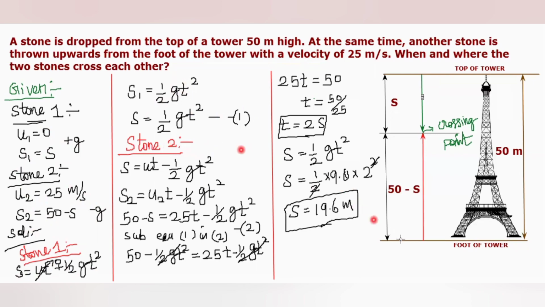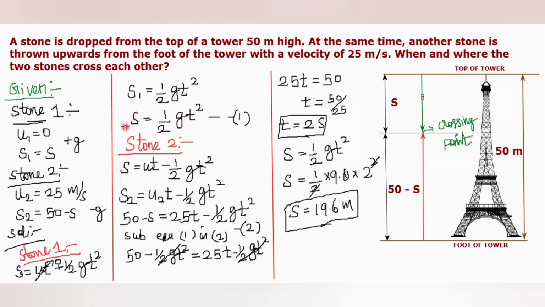Stone 2 is thrown upwards with a velocity of 25 meters per second. So S equals ut minus 1/2 gt², against gravity. That's why it is minus. So S2 equals u2t minus 1/2 gt², where S2 is 50 minus S. We substitute that value: 50 minus S equals 25t minus 1/2 gt². Here S and t, two unknowns, are there. But in the first equation, we have S in terms of t.